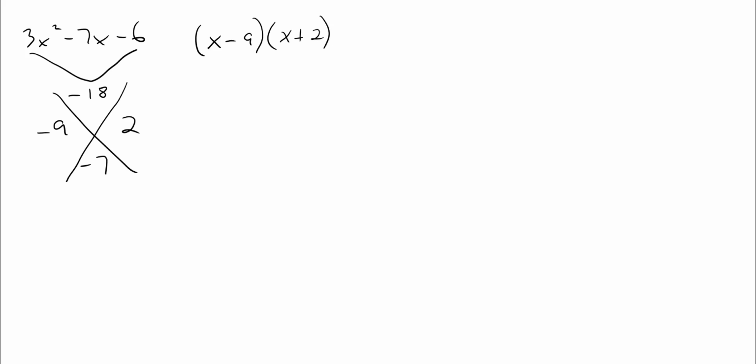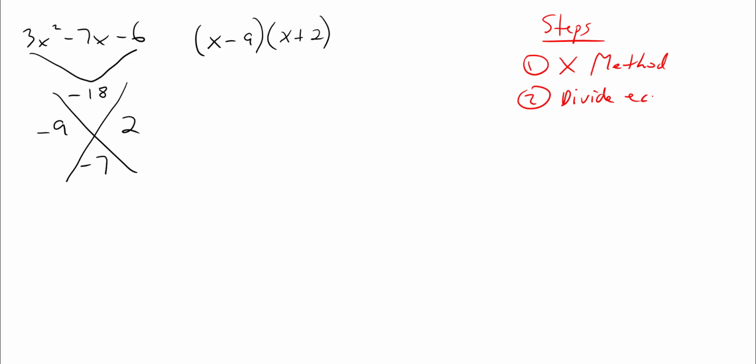So if I had to write these are my steps. The first step was the x method. Okay, that's what you're going to do to get that x minus 9, x plus 2. Okay, the second step is you're going to divide each number inside the parentheses.